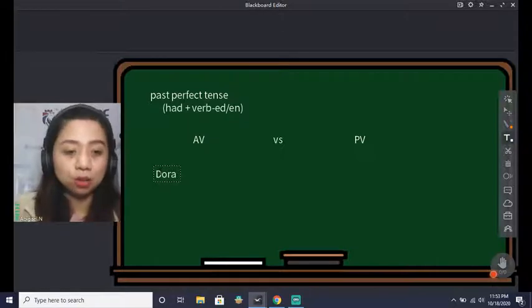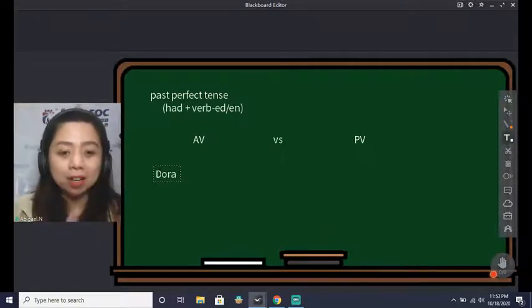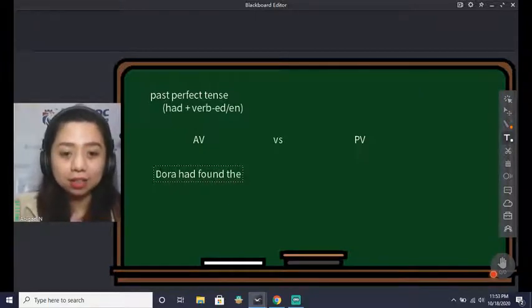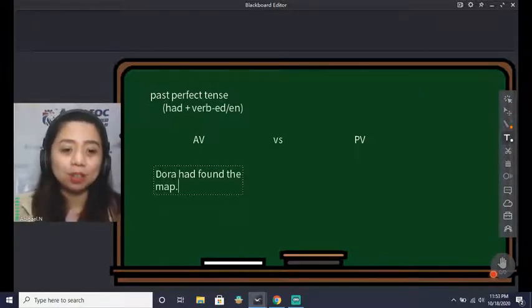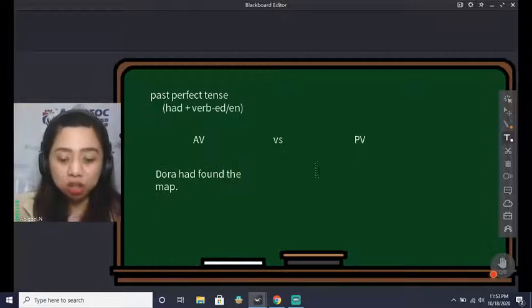Dora. Do you know Dora? Dora is a girl, a cartoon character. Dora had found the map. Dora had found the map. Let's change that into passive voice.